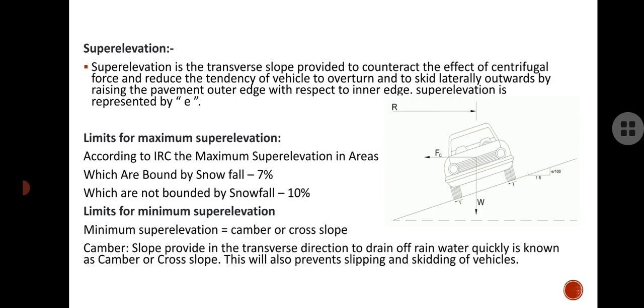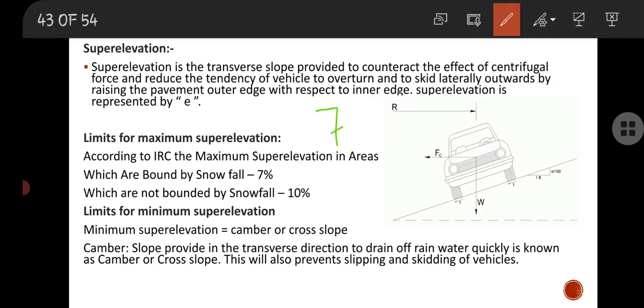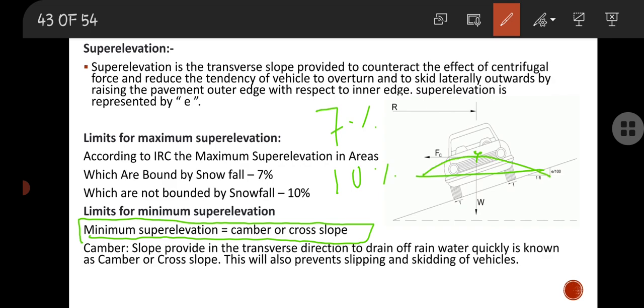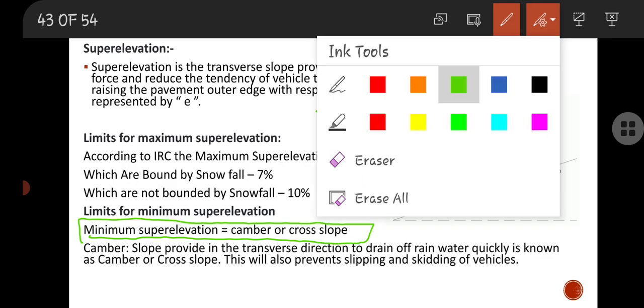The limit in plain terrain is taken as 7%, and in hilly terrain the limit is 10%, and the minimum super elevation will be equal to camber or cross slope on the road on which we are providing super elevation. We have already discussed camber. Camber is the raising of the mid surface of the road to drain off the rainwater.